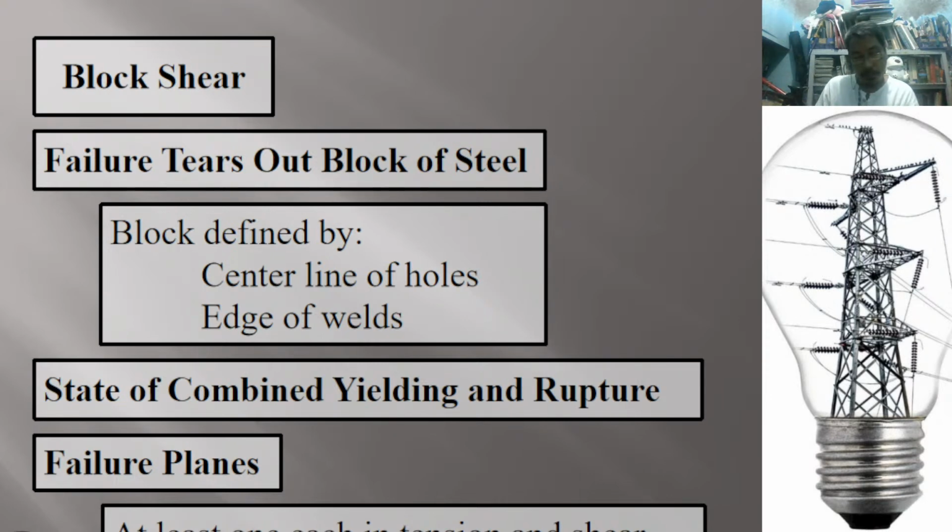So that is the minimum because it is a block. It could be 90 degrees from one another. So all of these planes could describe a two-dimensional failure pattern.